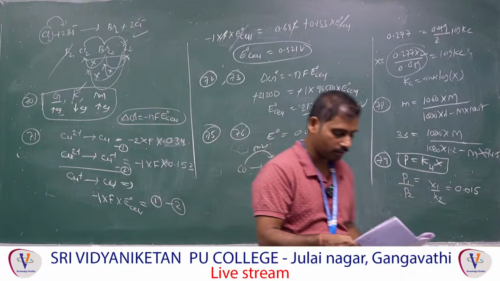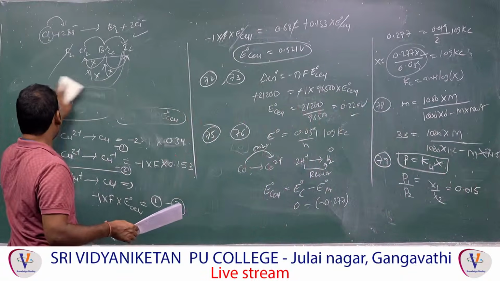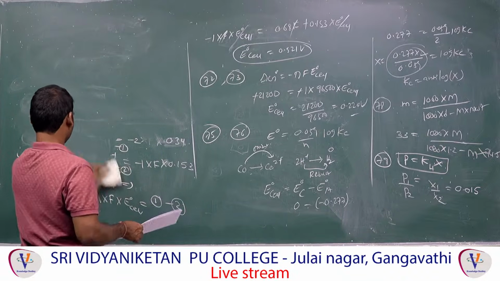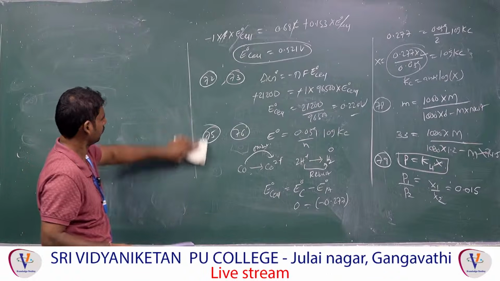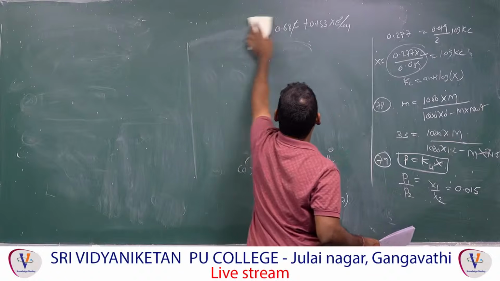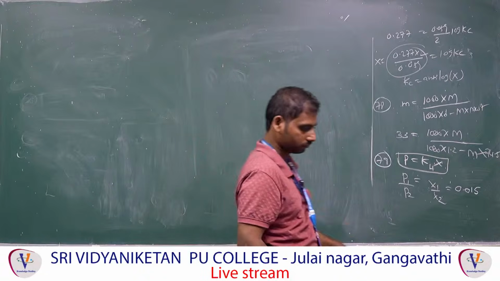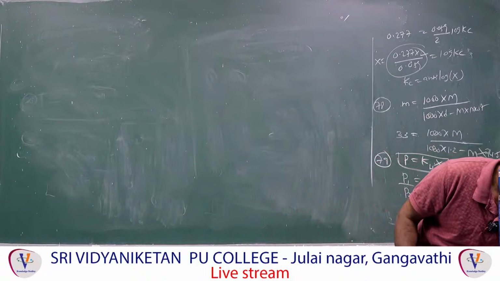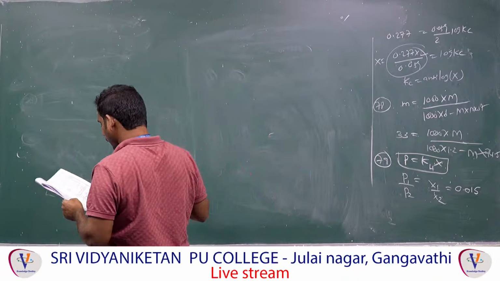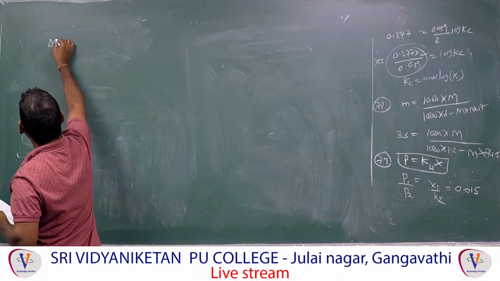Next one, question number 80. Question number 80 is related to elevation of the boiling point and depression of the freezing point. First one you have to find delta TB.